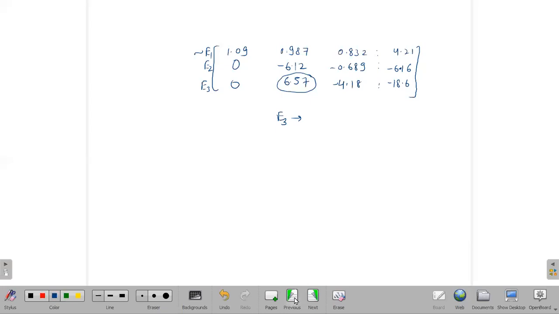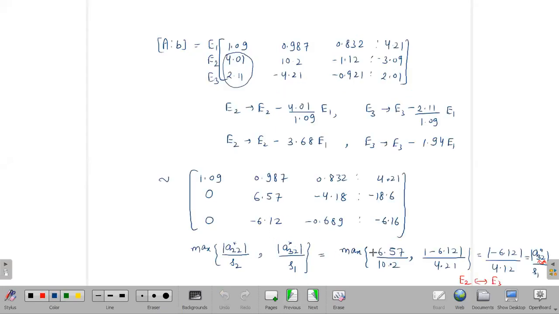6.57. Okay, here you should remember that we are not using partial pivoting. In partial pivoting you just look at the largest element. This is already the largest in magnitude, 6.57 is greater than 6.12, so there would be no need to interchange the rows, but we are using scaled partial pivoting.